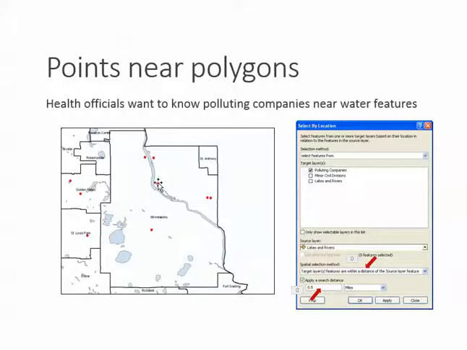So any polluting company here, the red dots, that is within a half-mile radius of a water body is going to become selected. And that is how you can easily identify the potential polluting companies in Minneapolis.